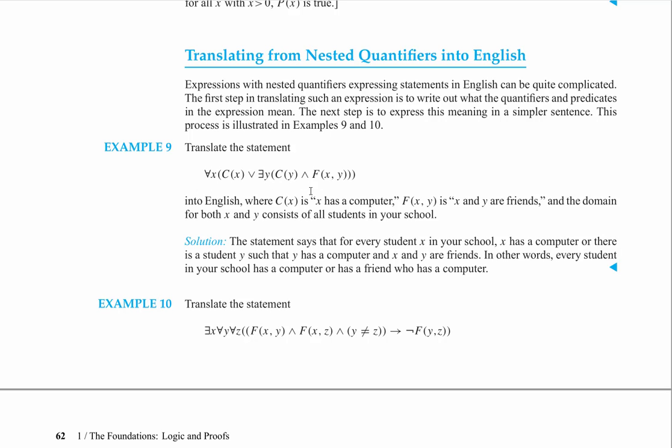So can we say that more simply? Yeah, it's saying for every student in the school, either that student has a computer or they're friends with someone that has a computer, another student. This piece here means x has a friend y that has a computer.